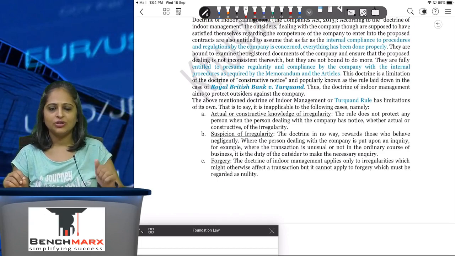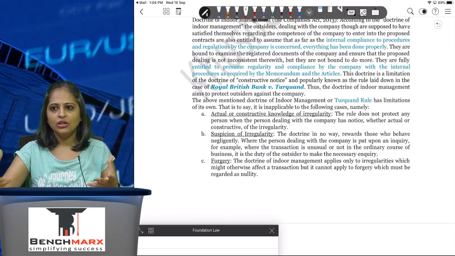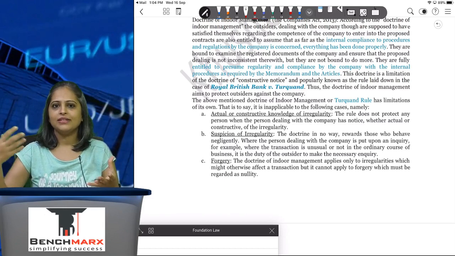What is the exception to the doctrine of indoor management? When can I not take the benefit of the doctrine of indoor management? When I know that the company didn't have quorum and has approved the transaction with me, or when there's a case of forgery.